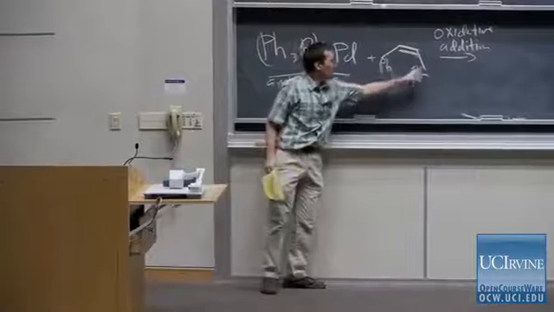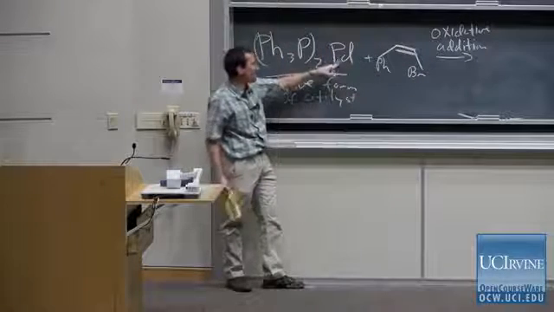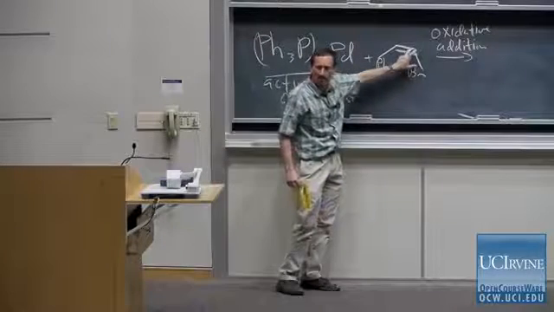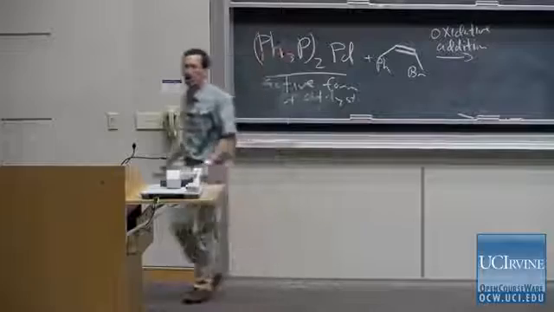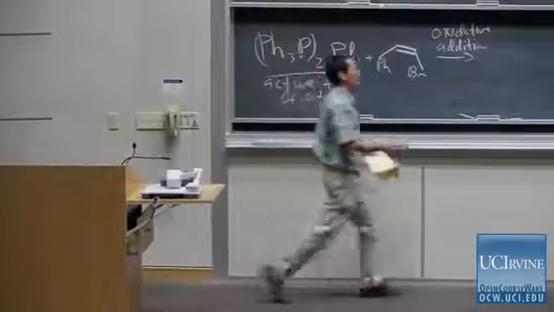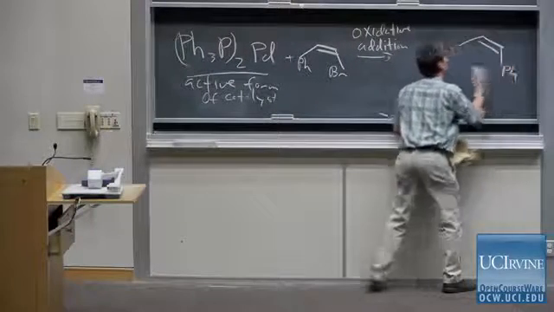We have the carbon-bromine bond. We have the palladium. The palladium happens to have a 0 oxidation state at this point. When the palladium sticks itself into the carbon-bromine bond, it increases its oxidation state to palladium in the +2 oxidation state.